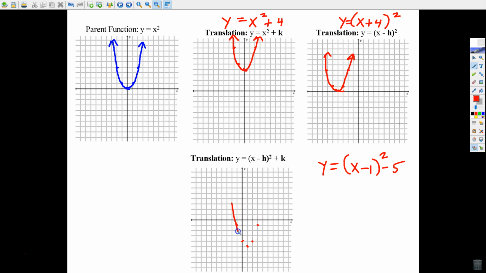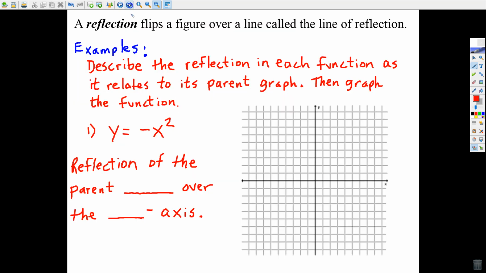And this represents the translation of the parent. Translation again just means shift, transfer. Any questions? We are leaving translations, and now let's talk about reflections.